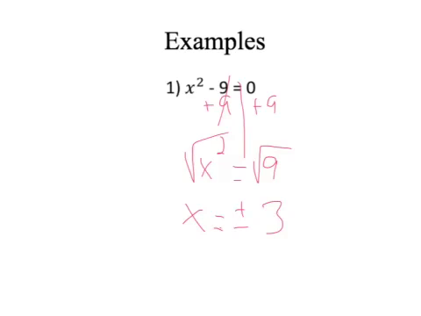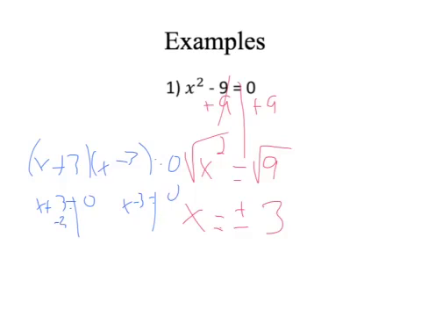If we solve this by factoring, this is difference of perfect squares. So difference of perfect squares, if you remember correctly, you did your two binomials, and we took the square root of both, so square root of x squared is x, square root of 9 is 3, put a plus in one, a minus in the other, and set them equal to 0. Okay, and then we broke them apart, set them equal to 0, and solve for x.